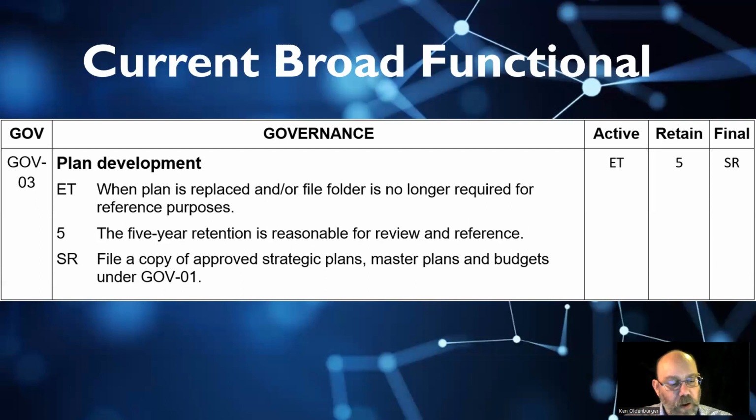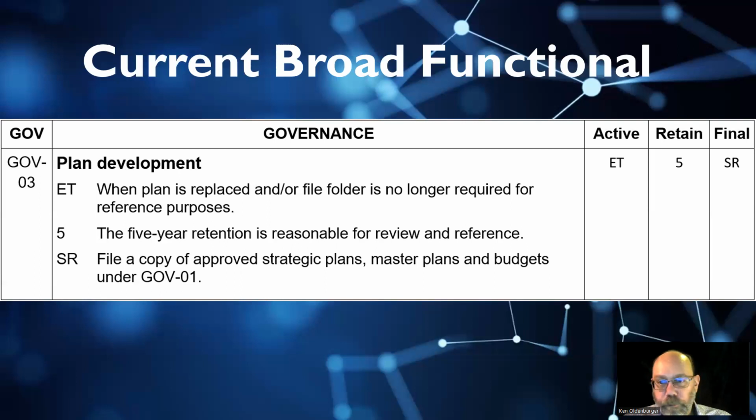Okay. In this case, a plan development file is active until it reaches an event trigger. And you can see we have a definition built into the secondary. ET is when the plan is replaced and or the file folder is no longer required for reference purposes. So if you've got a new strategic plan, you're one from 3 years ago, you can start the clock ticking on that 5-year retention, right?